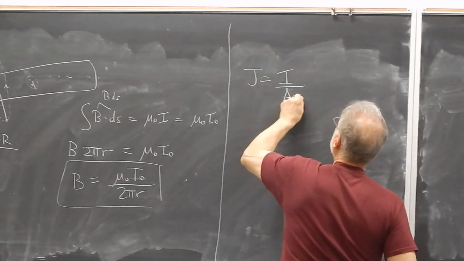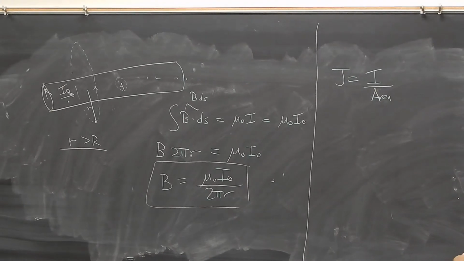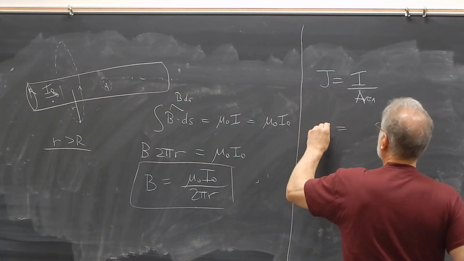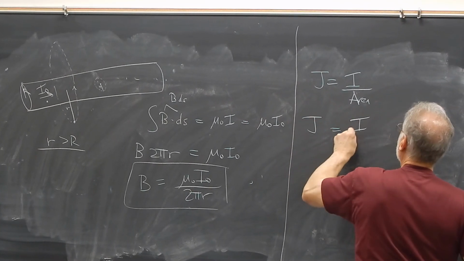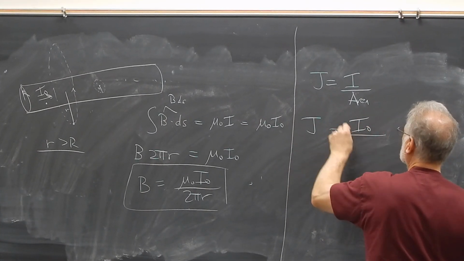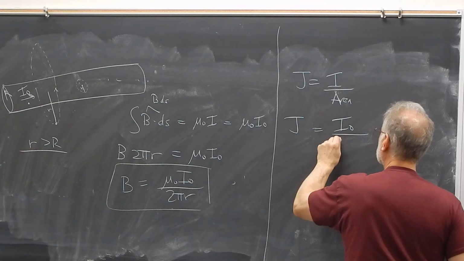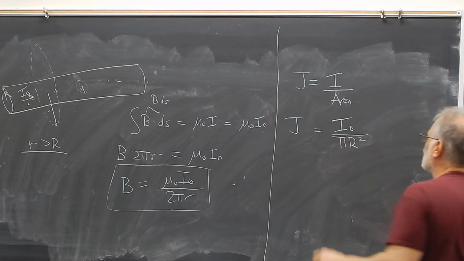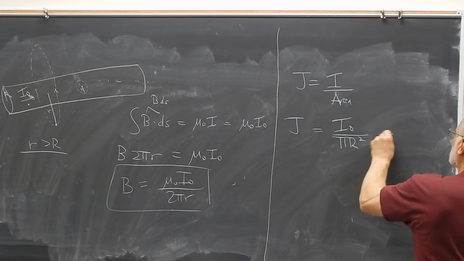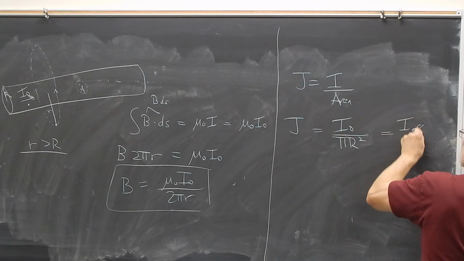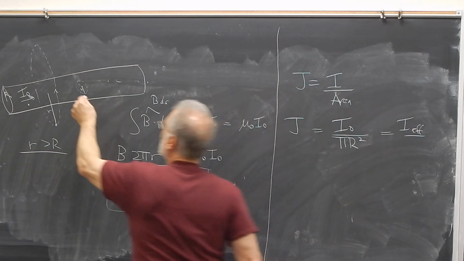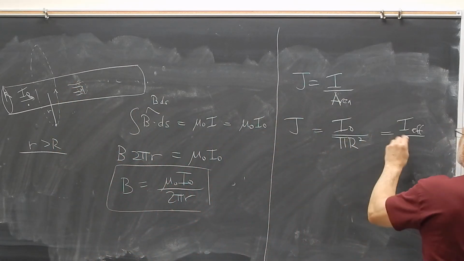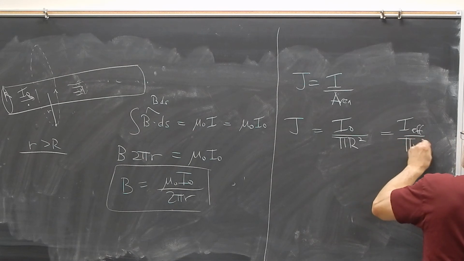So the total current through the wire divided by the cross-sectional area of the wire, which is pi capital R squared, has got to be equal to what I'll call the effective current, the current that's going through this loop, divided by pi times little r squared, right?